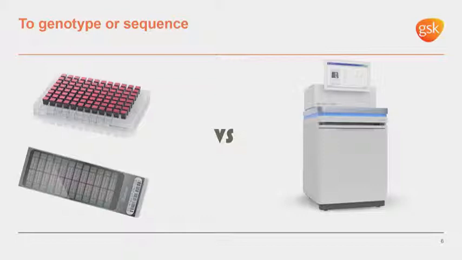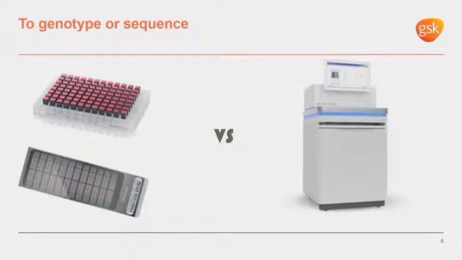Exome sequencing captures only the sequence-level variation within the coding portions of our genes, which represents less than 2% of our total genome, versus whole genome sequencing, which captures all of the sequenceable DNA in any given cell that we have. So this is essentially attempting to comprehensively capture all variation within each individual.